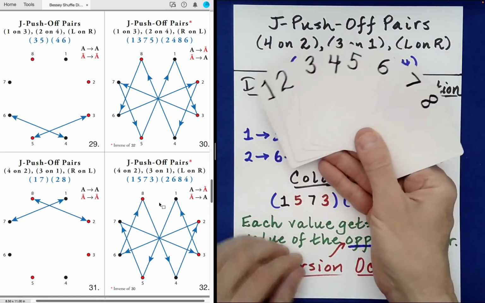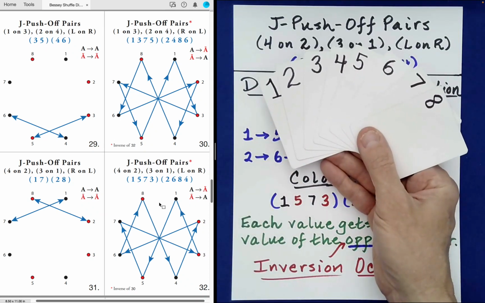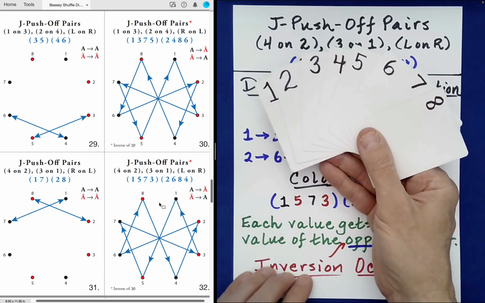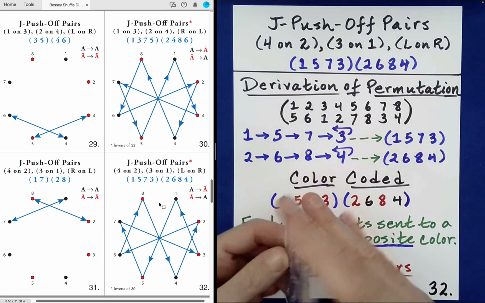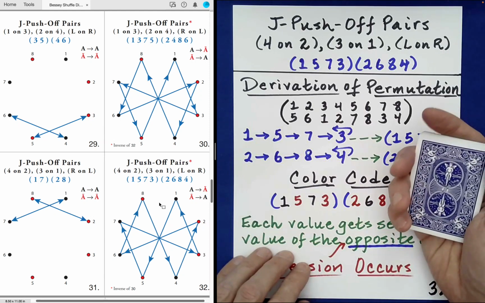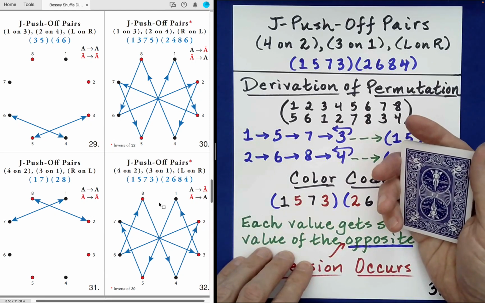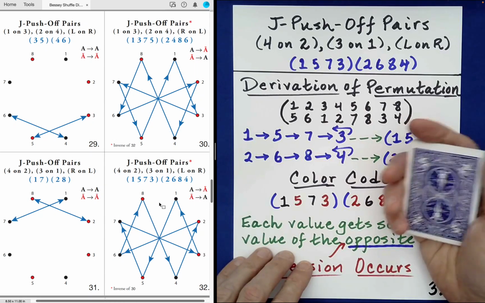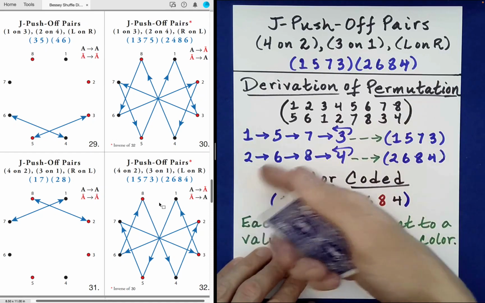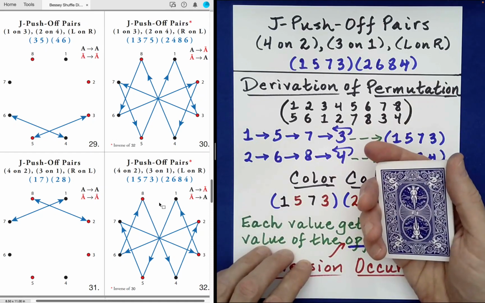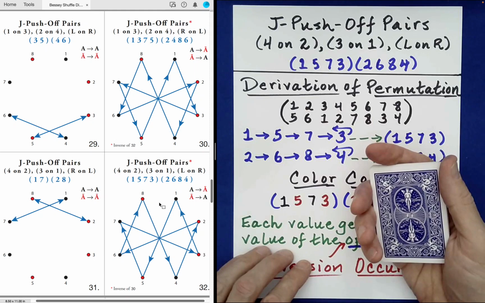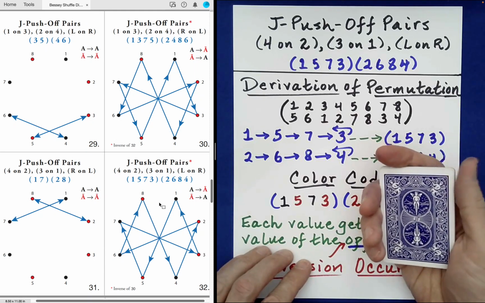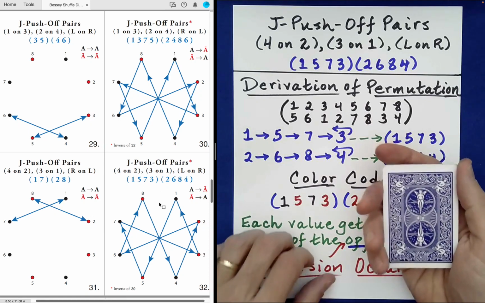So if we begin with our ordered packet, so that we can keep track of what effect these shuffles will have on the starting packet, what we have just observed is that if we perform, let's say, shuffle 30 first, followed by shuffle 32, it should return this packet back to its order 1 through 8. And vice versa, if you perform shuffle 32 first, followed by shuffle 30, it will also return or reset the packet to its original order.